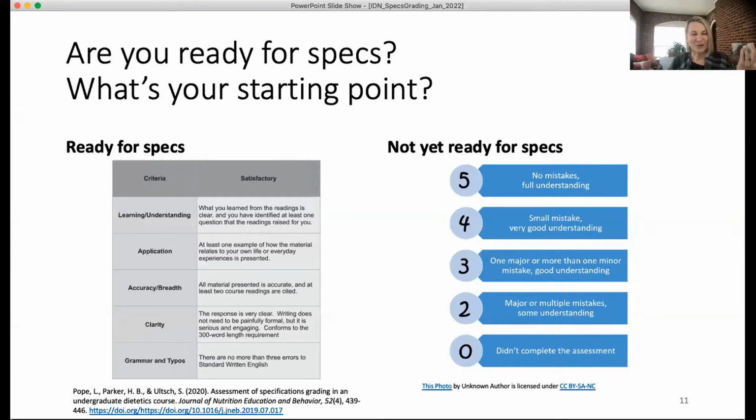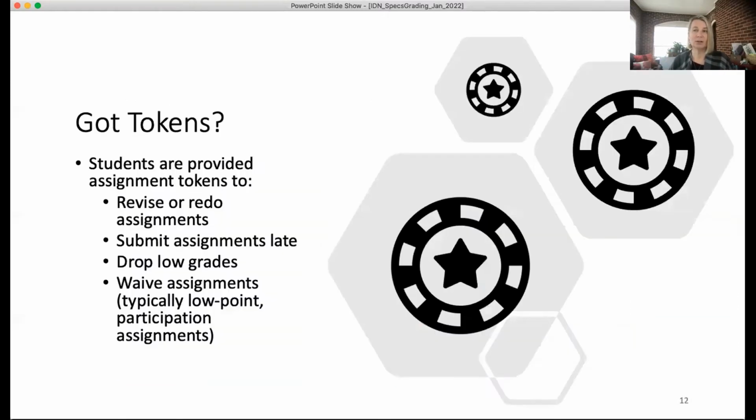I love that too. It's so empowering for students. It's such a confidence builder. And then also to know that if there's a little wobble, it's going to be okay. It's not the end of the world for their grade. But when they feel that sense of control over it, again, we stop worrying about the grade and we start thinking about the knowledge and skills that we're developing in a course.